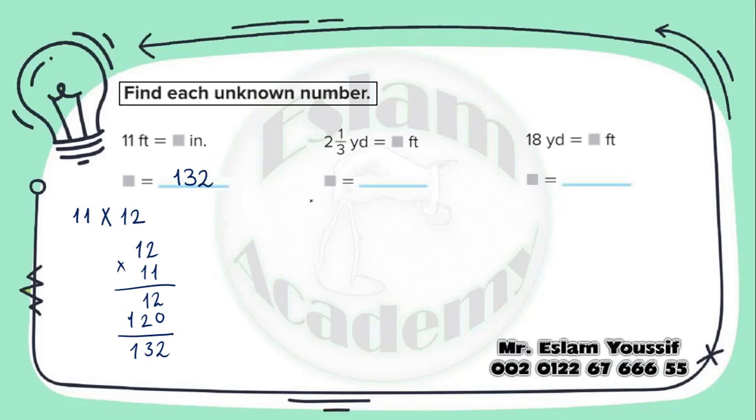From yards to feet, just write 2 and 1 over 3 without any change. We know that 1 yard is equal to 3 feet. From the greatest unit to the smallest unit, we just multiply. So I will multiply it by 3. Now we have a mixed number and a number. We can't multiply a mixed number by a number. As we explained before for multiplying fractions and mixed numbers, we need to convert to a fraction.